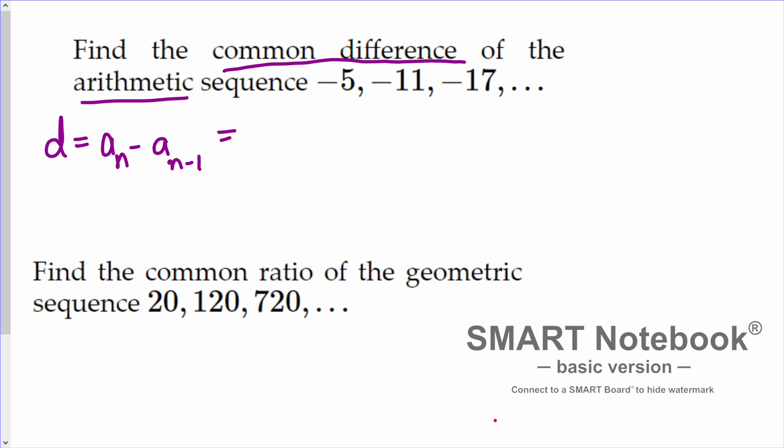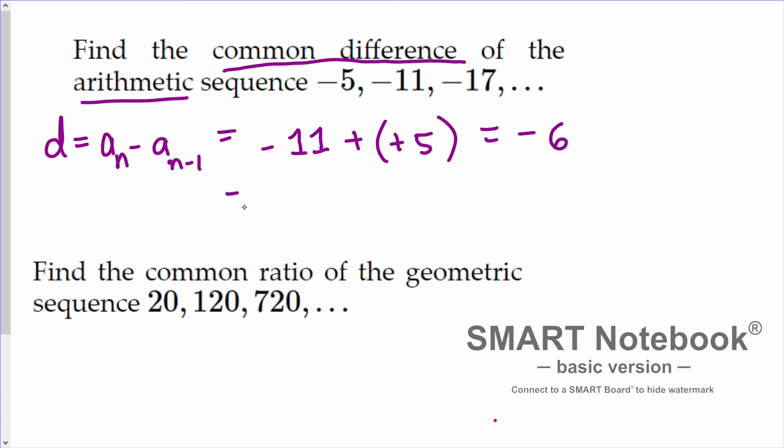So remember, you can't start by picking the first one because there's nothing before it. So we could do negative 11 minus negative 5. Now, keep, change, change. I end up with negative 6.